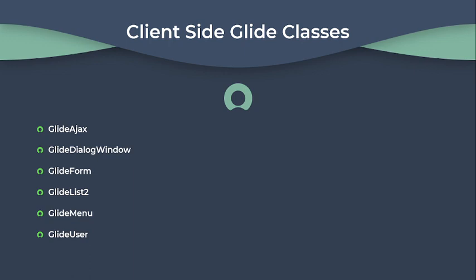Then GlideMenu, we use this class to customize UI context menu items. Then GlideUser, we use this class to get session information about the current user and current user role. So these are the different client side glide classes.